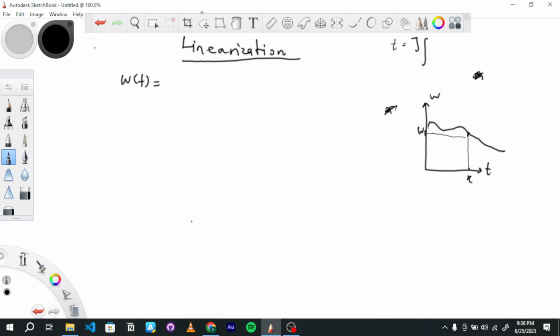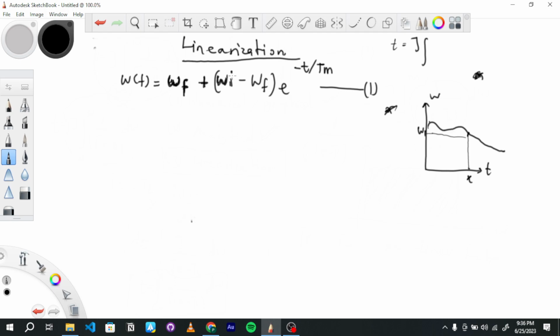So omega(t), which is the speed function after a disturbance, is given by omega f plus (omega i minus omega f) e to the power of minus t over Tm. Let me call this equation 1. Now, this omega f is our final steady state value.